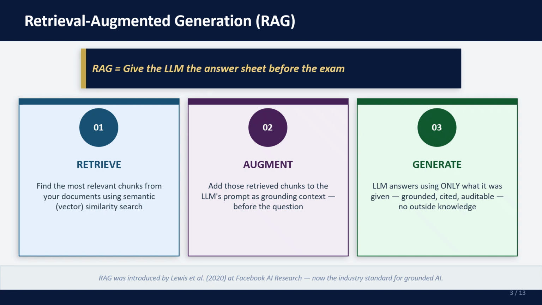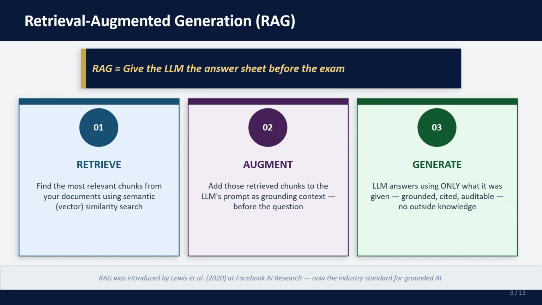We take the user's question and search our document library for the most relevant chunks of text. Not keyword search, but semantic similarity search, which we'll explain shortly. Step two is augment. We take those retrieved chunks and add them directly into the prompt we send to the LLM. The model now has the relevant context right in front of it.